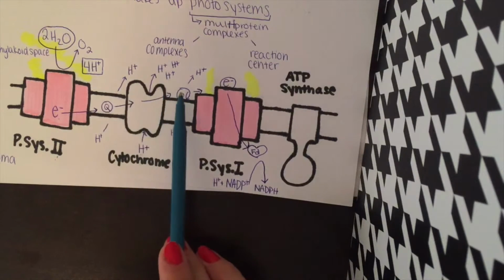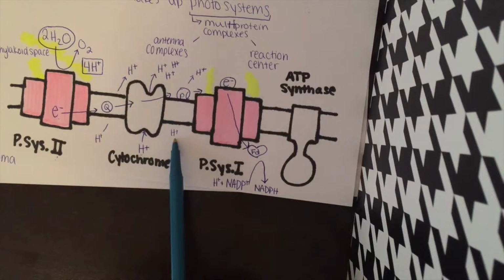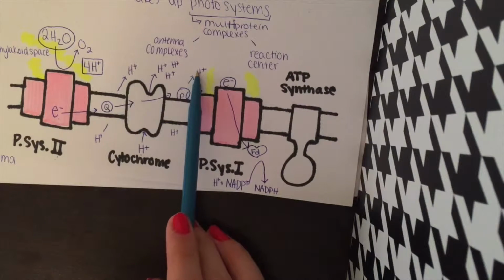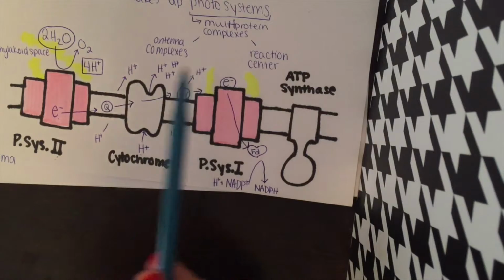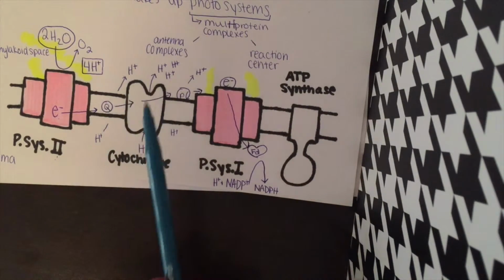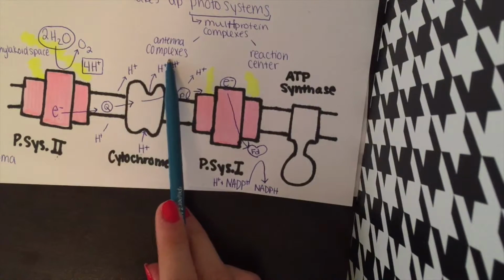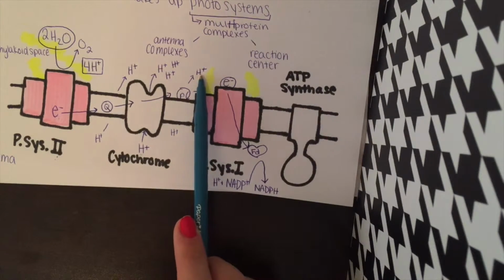Again, we don't really need to know the name, just that it takes the electron and it takes hydrogen from the stroma and pumps it out into the thylakoid space. So we have a lot of hydrogens coming out into the thylakoid space. We had 4 from the water, we had some from the plastoquinone, we had some from the cytochrome, and now we have some from the plastocyanin.